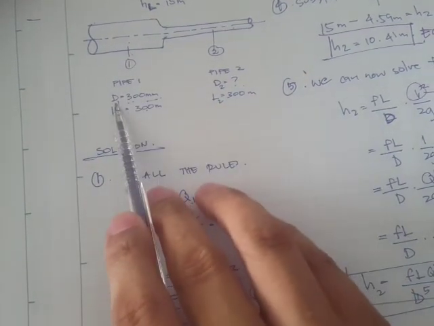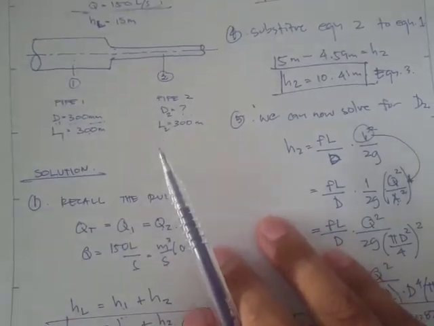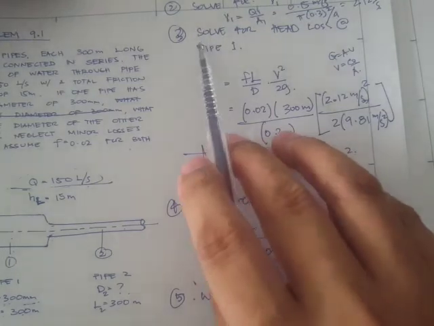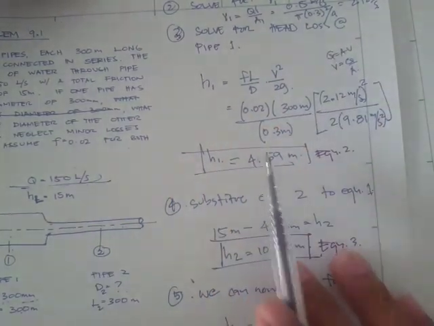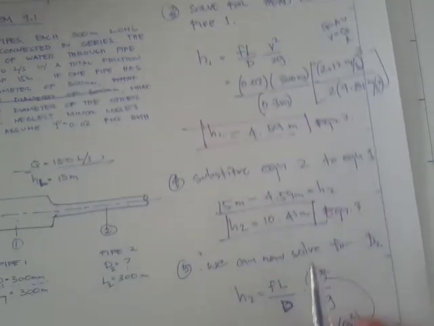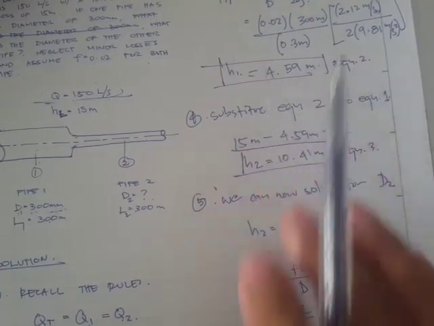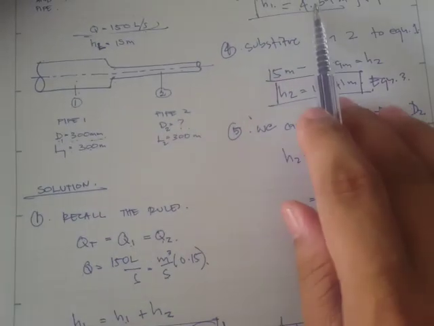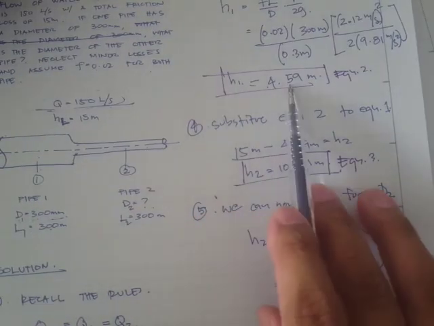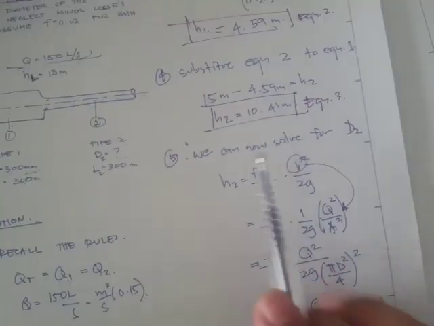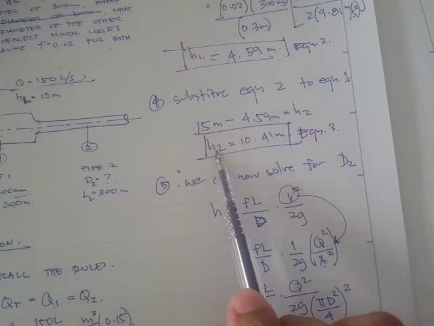So we have the diameter, so we can solve for h sub 1. That's what we did in step number 3. So solving that, we have 4.59 meters. Now since we have h sub 1 and we have equation 1, we just substitute this h sub 1 into equation number 1 to get the head loss at pipe number 2.